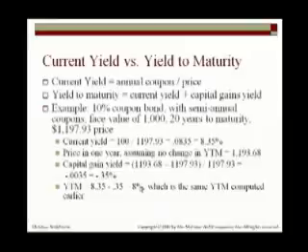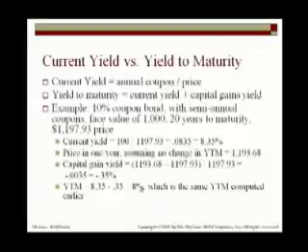So one way to calculate the yield to maturity is to find a rate that makes the price of a bond equal to the present value of its payments and its future value. Another way is to look at the sum of the current yield and the capital gain yield, depending on which information you've been given.